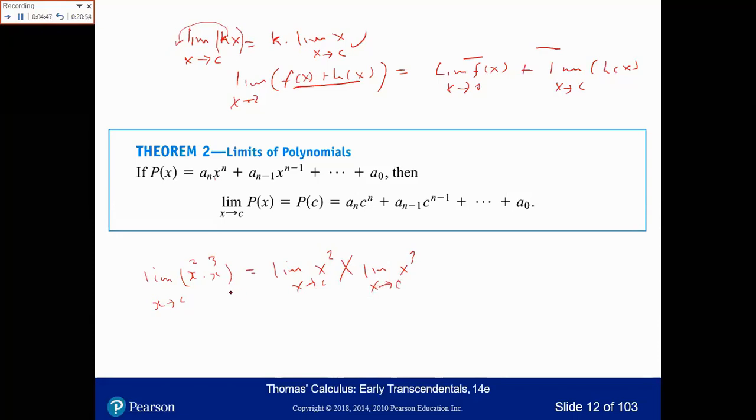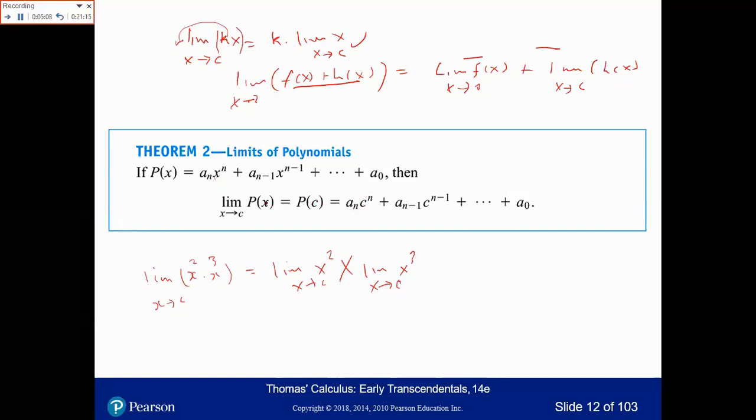We talked about this. So when you raise to a power, it's just like multiplication. So you use the multiplication rule. Once you do that, it will give you the limit of c raised to the power n, which is c raised to the power n.